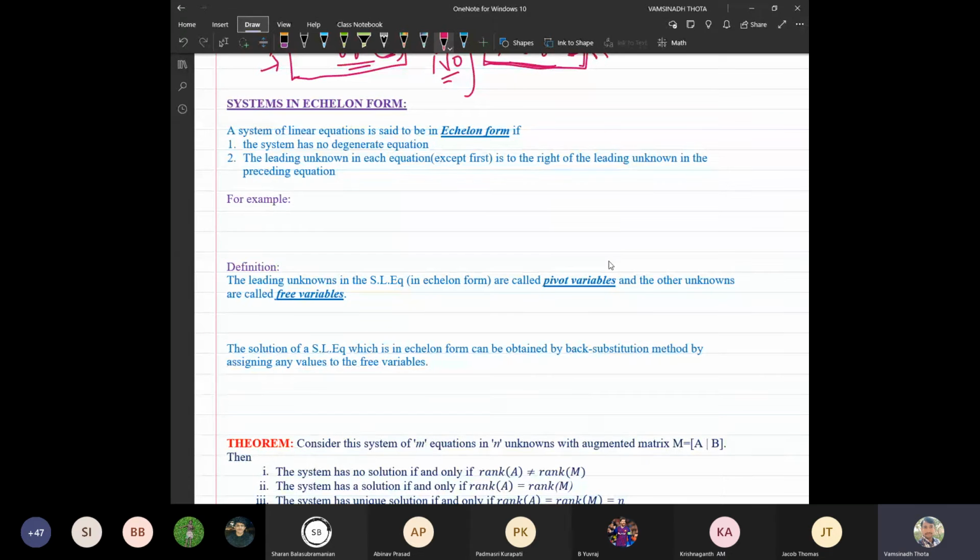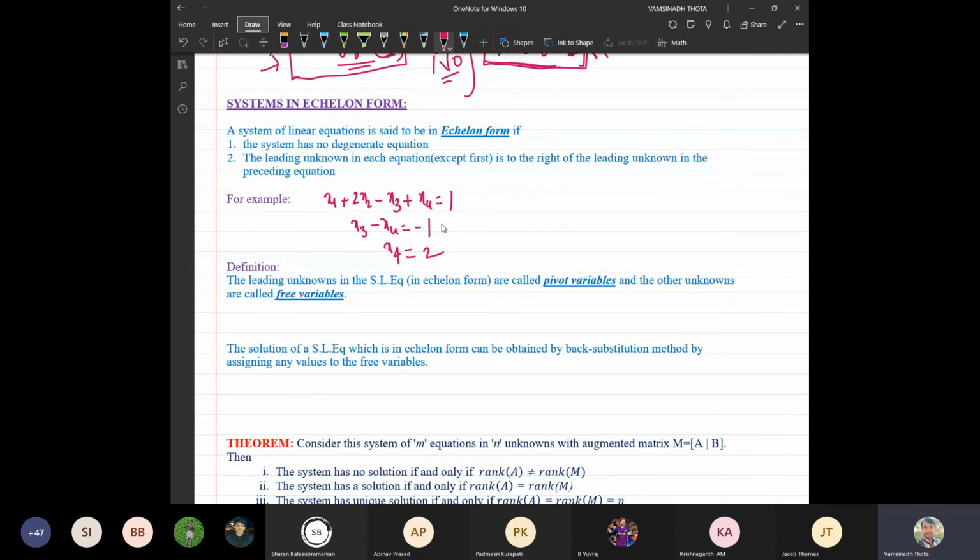For example, x1 plus 2x2 minus x3 plus x4 is equal to 1. x3 minus x4 is equal to minus 1. x4 is equal to 2. Assume that this is what I have given.